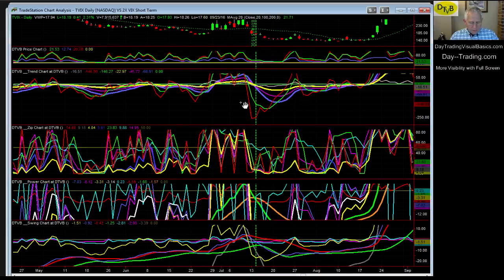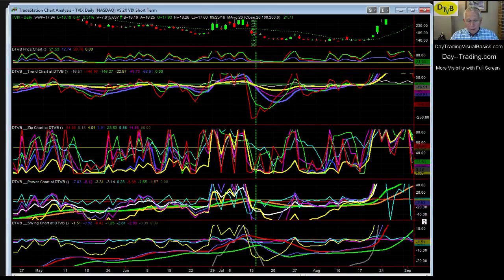And swing red is down as well. Trend trio is down, and green, power green, and orange are down. So 6 out of the 7 short-term trend lines are down, which is significant, all pointing to a downtrend.